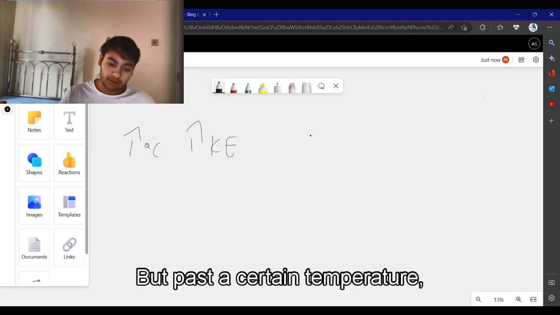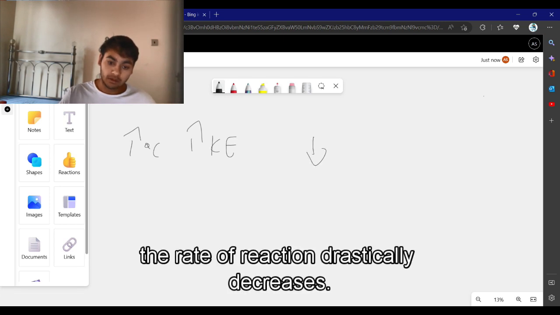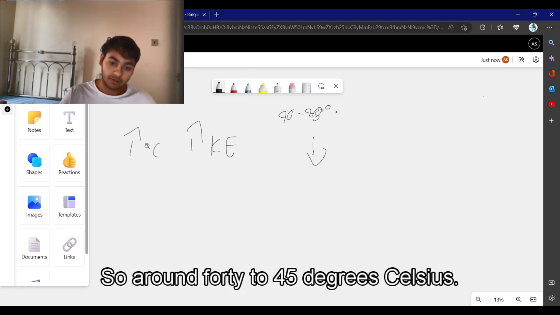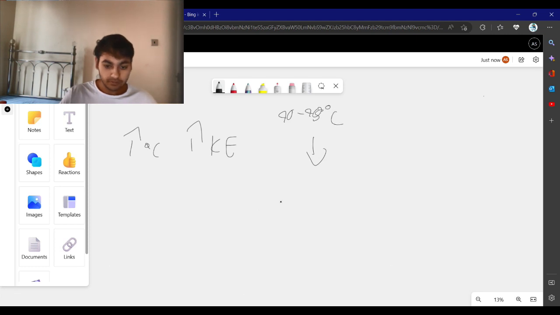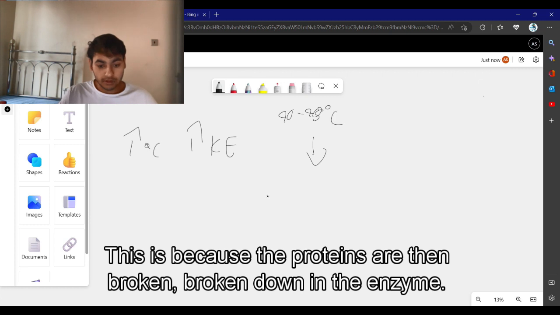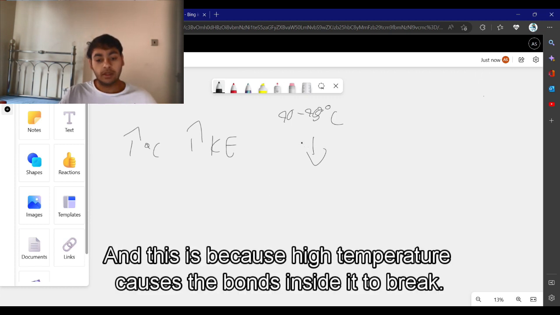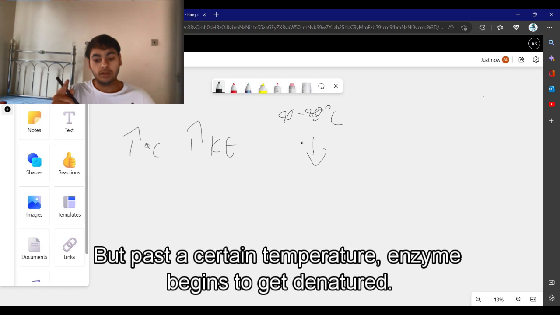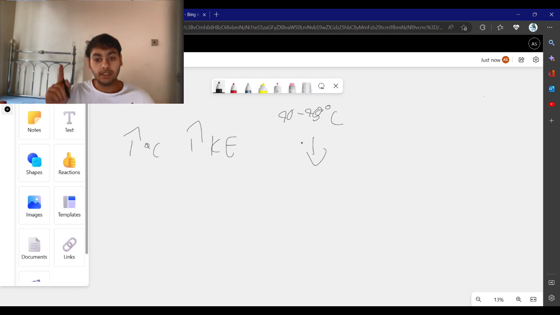But past a certain temperature, around 40 to 45 degrees Celsius, the rate of reaction drastically decreases. This is because the proteins in the enzyme are broken down, as the high temperature causes the bonds inside it to break. You'll learn that in A level. Past a certain temperature, the enzyme begins to get denatured.